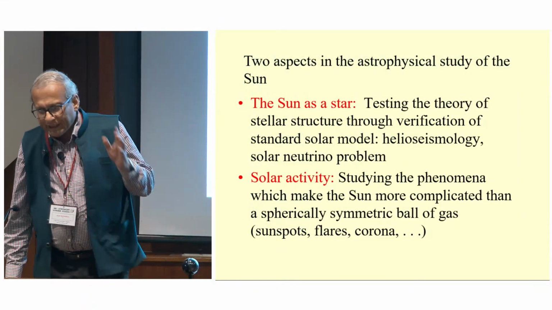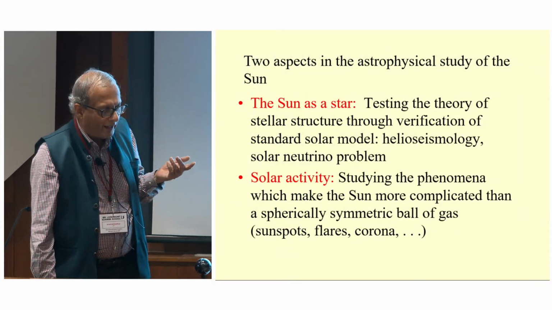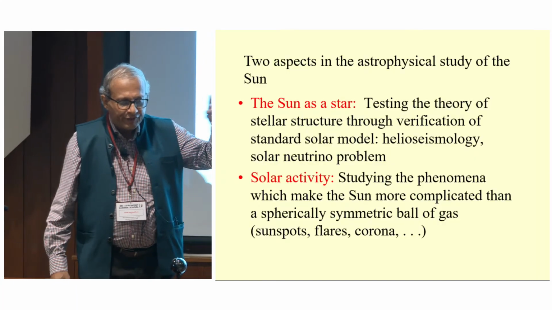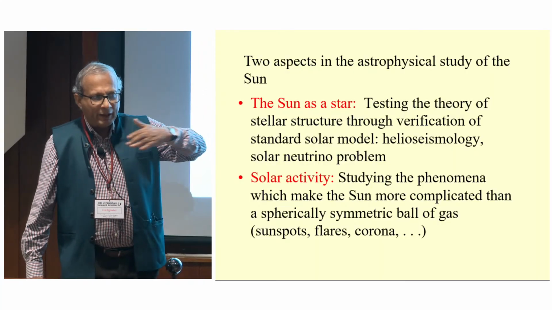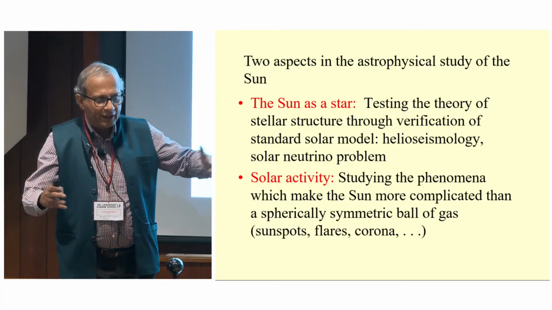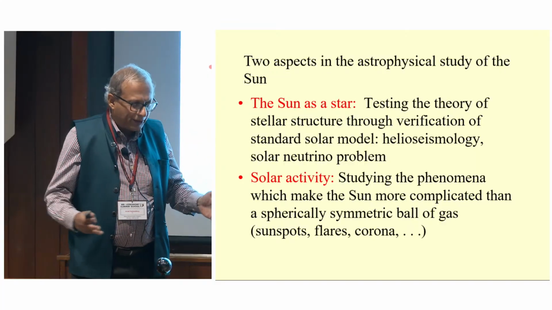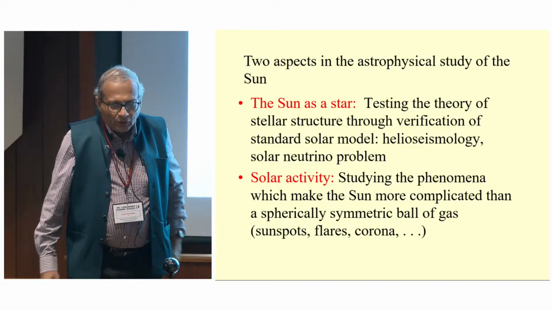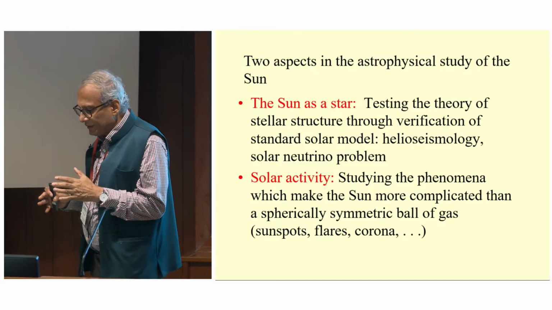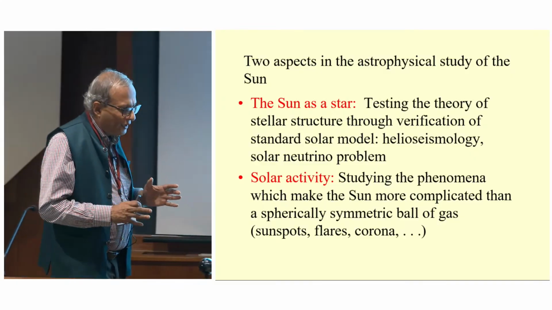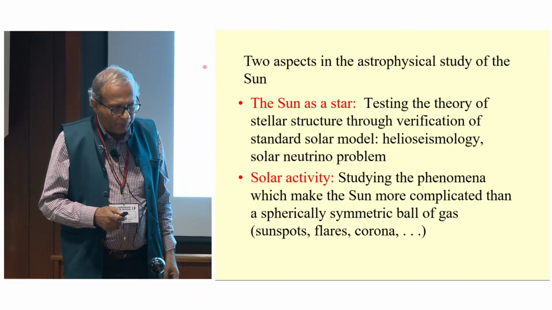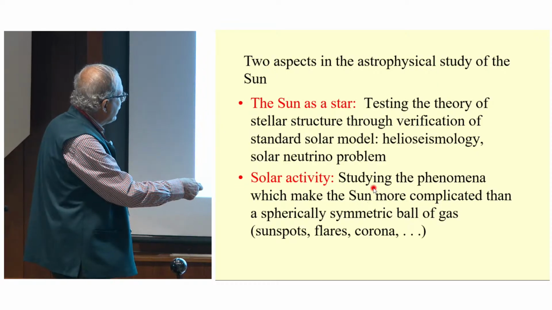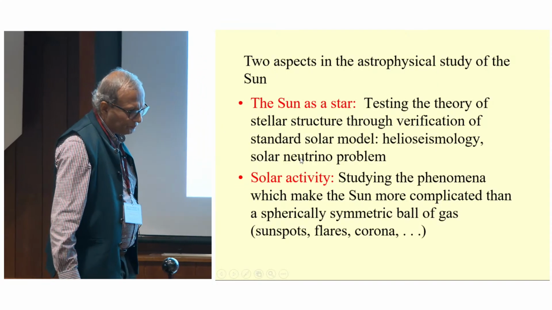But in the case of the real sun, we find phenomena like sunspots and solar flares, which cause a departure from spherical symmetry, and even above the sun's surface, we find the solar corona, which is much hotter and highly non-symmetric. All these phenomena, which collectively make the sun much more complicated than a simple textbook star, are collectively known as solar activity.